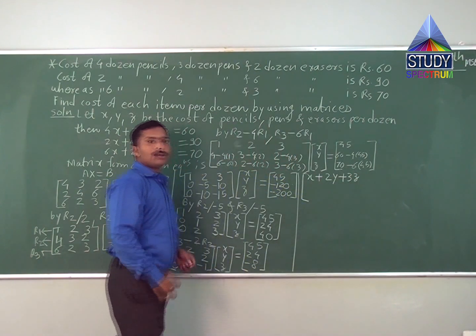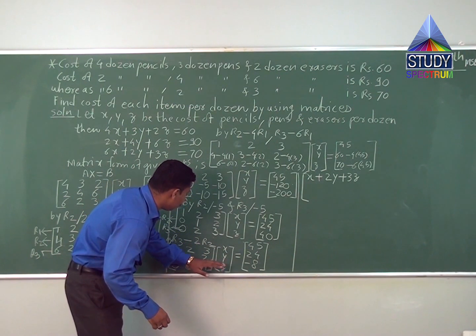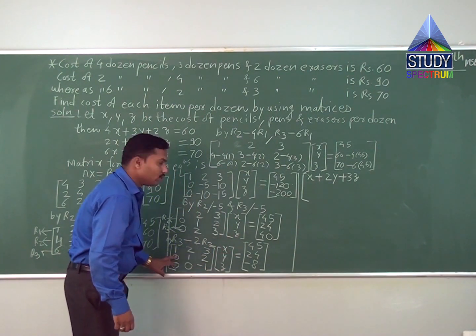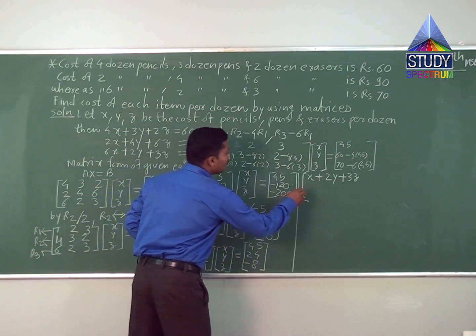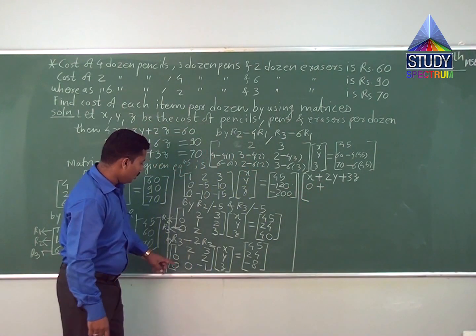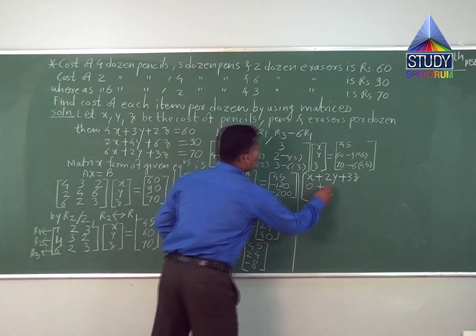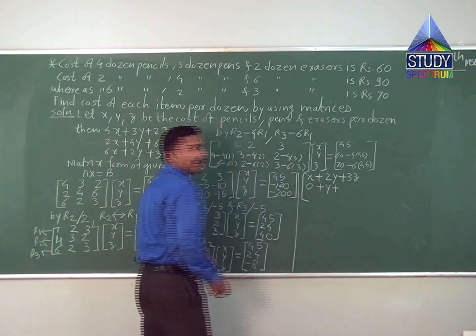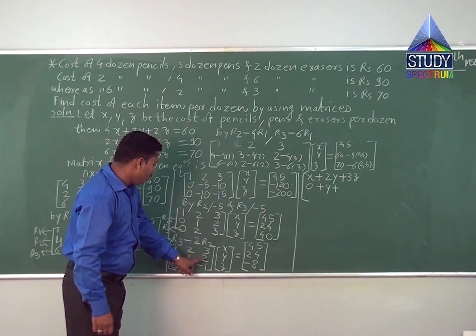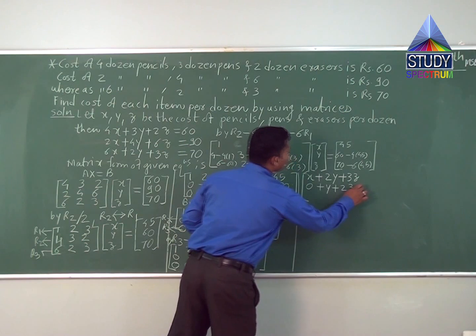This is the first row. Next, second row, first column: 0 into x, 0, plus 1 into y, y, plus 2 into z, 2z.